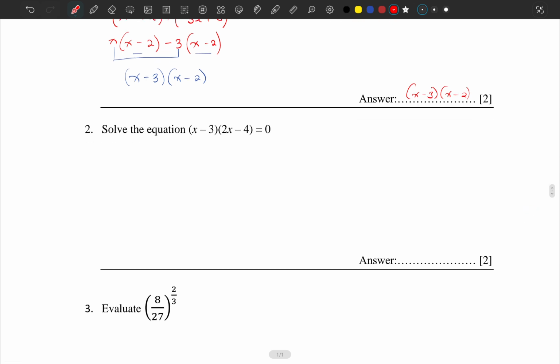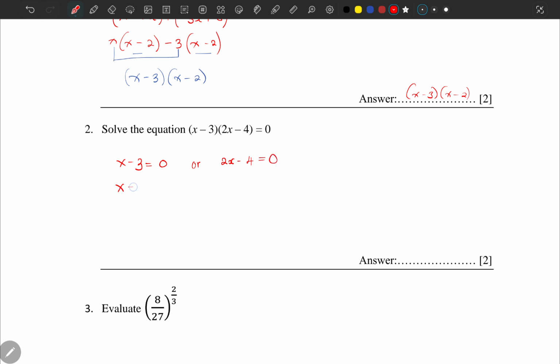All right, solve the equation. Step 1, the mistake that you can make here is starting to expand. Just know that you are doing the wrong thing because it will take you back to a situation where you need to go back to this nature. So if you are given it like this, just group them the way they are. Just say this is equal to 0. Then you say or 2x minus 4 equal to 0.